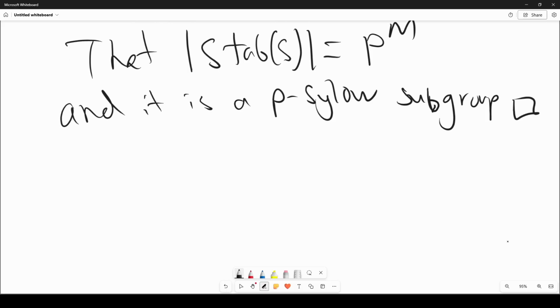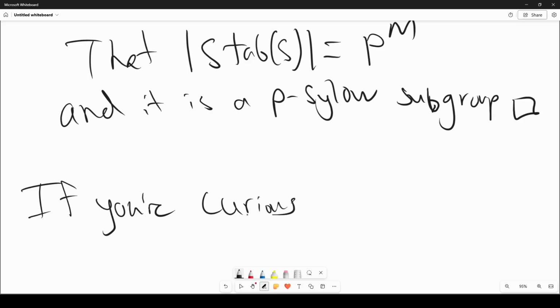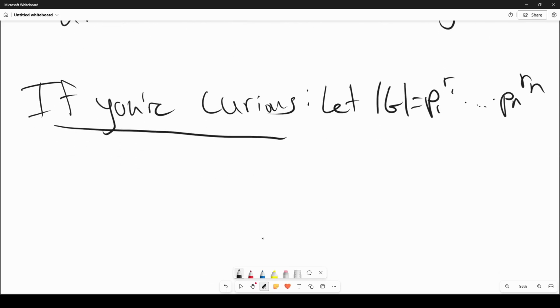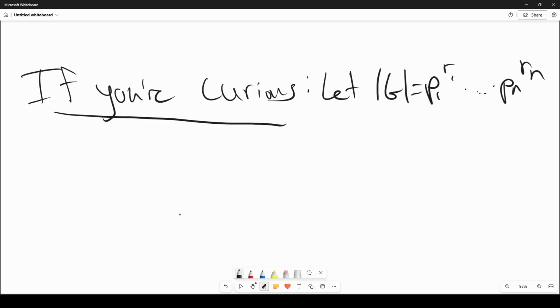Now I'll just end this off by telling you something about our first intuition, which is, if you're curious, there is a way to reconcile groups with this prime factorization idea. So let's let G have this prime factorization: the first prime times some power, all the way to the nth prime times some power. So this is kind of like the prime factorization.